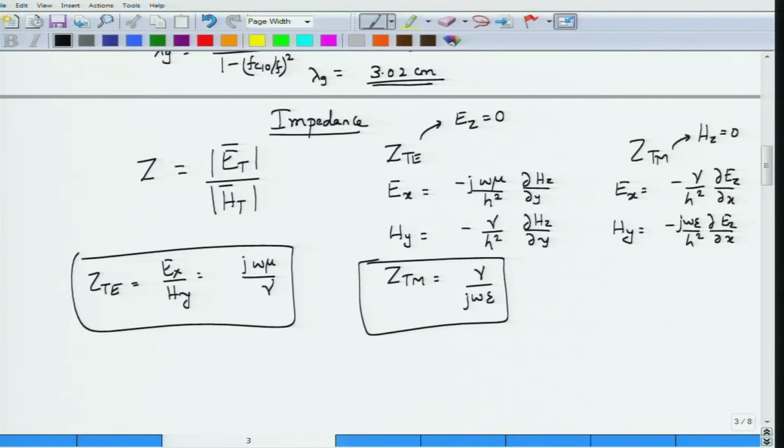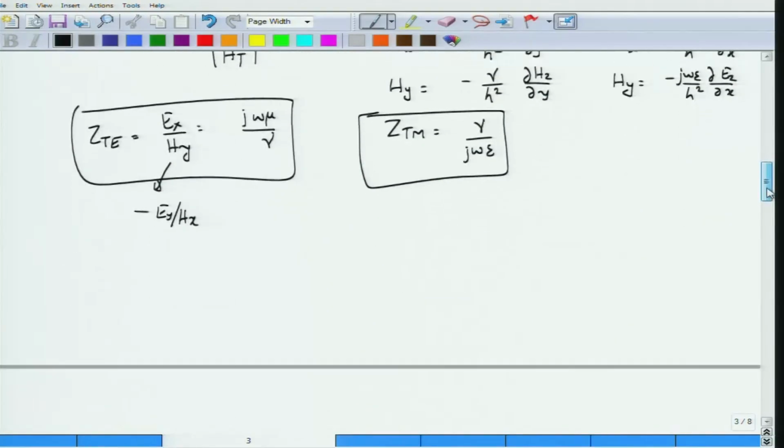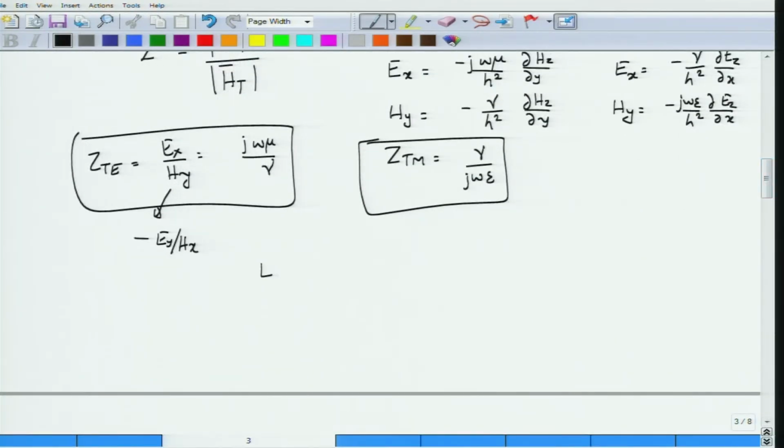Of course, the ratio of Ex to Hy must also be the ratio of minus Ey to Hx in both cases, because if you go back to those equations you will see that this is exactly the case. So, for the TE case, I will leave the TM as an exercise to you, the transverse electric field component Et is given by x hat Ex plus y hat Ey, and the corresponding H components can be written in terms of the waveguide impedances, as Ex is related to Hy, and Ey is related to minus Hx.